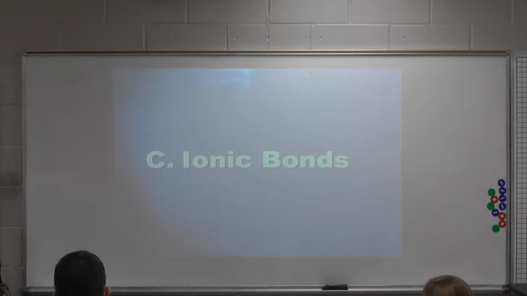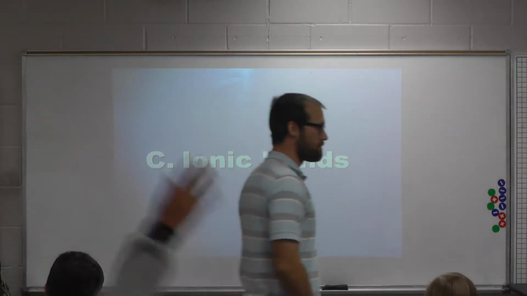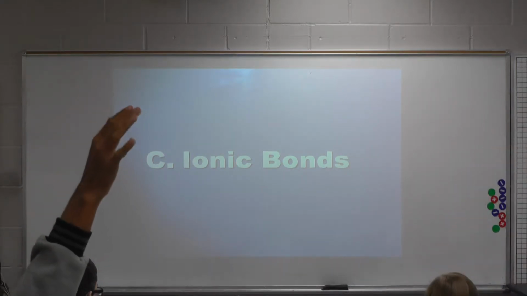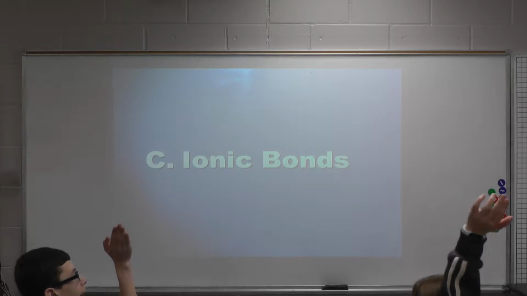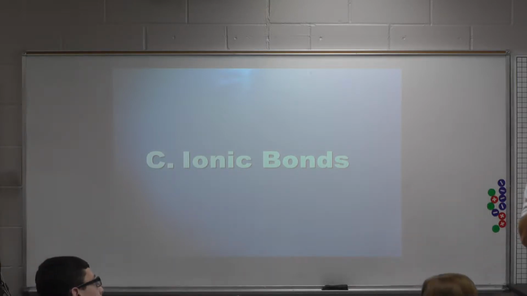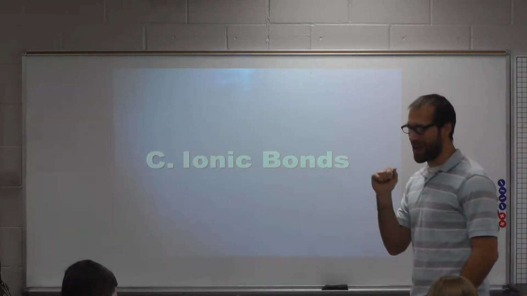Okay. All right. Ionic bonds. Quickly, raise your hand. Tell me something you know about ionic bonds. It's giving and taking electrons. They're between a metal and a non-metal. Anything else you could say?